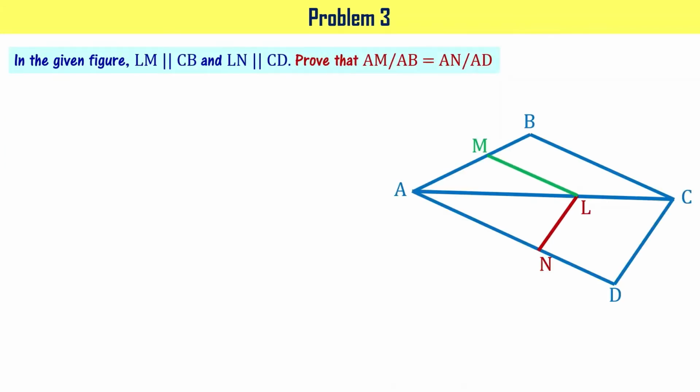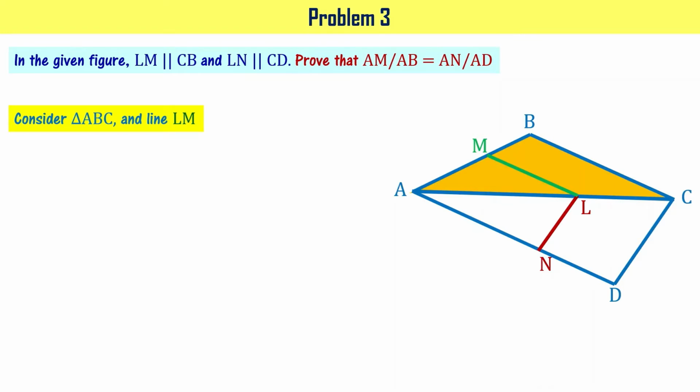In the given figure, LM is parallel to CB and LN is parallel to CD. Prove that AM by AB equals AN by AD. Let us consider triangle ABC and line LM. Triangle ABC is in light yellow color now.